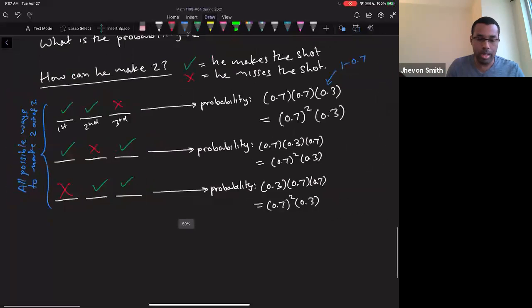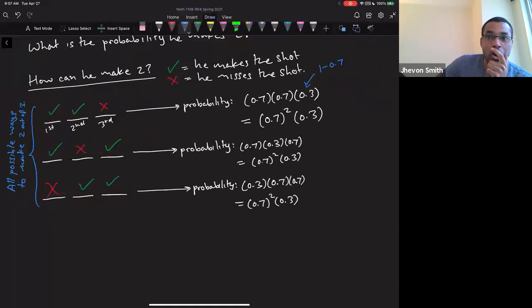Okay, so now here's the important part. What do we do with all these numbers? Now that we have that, what do we do with them? So we could make 2 out of 3 the first way, or the second way, or the third way. What does that tell you?